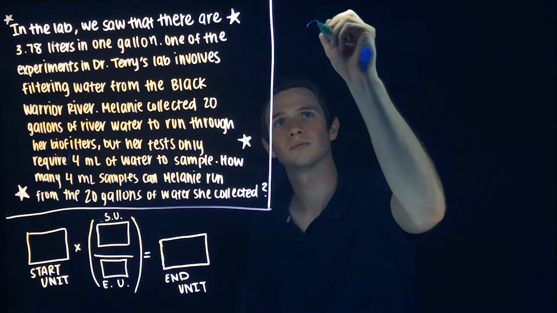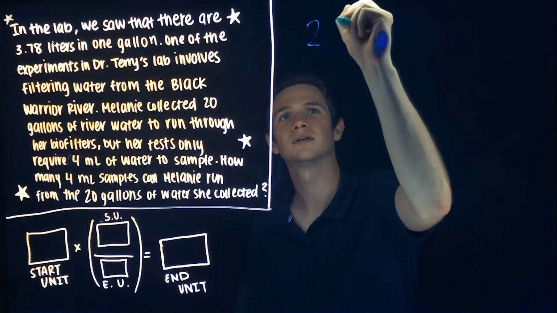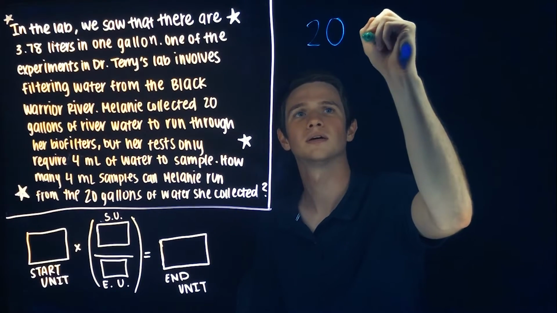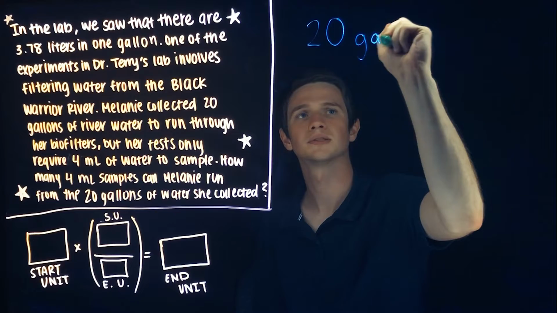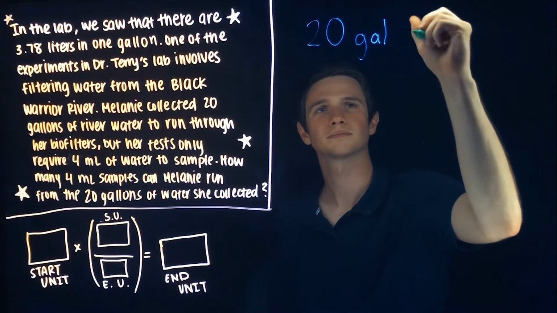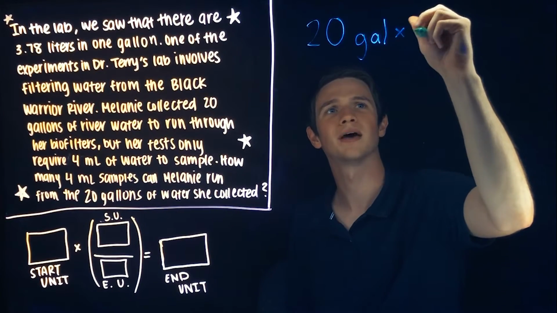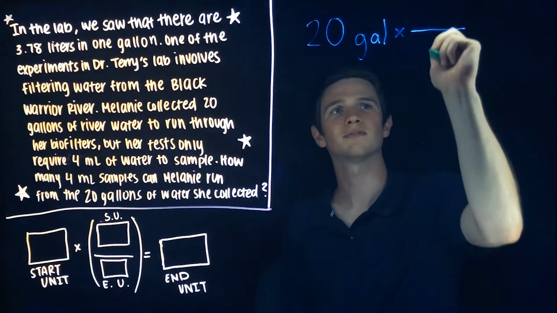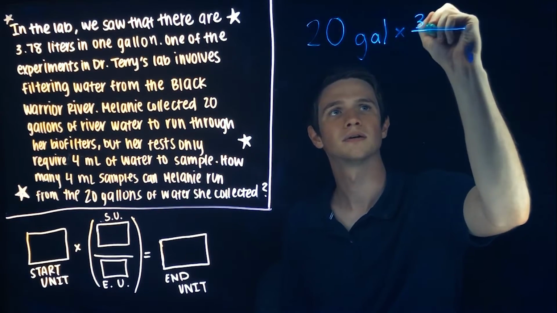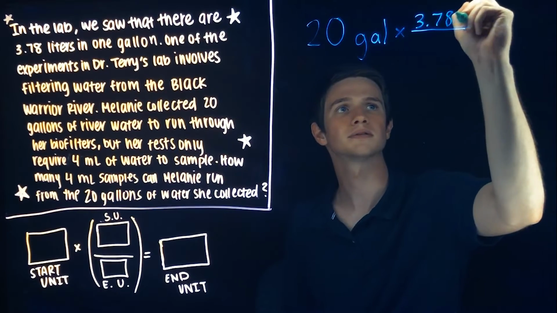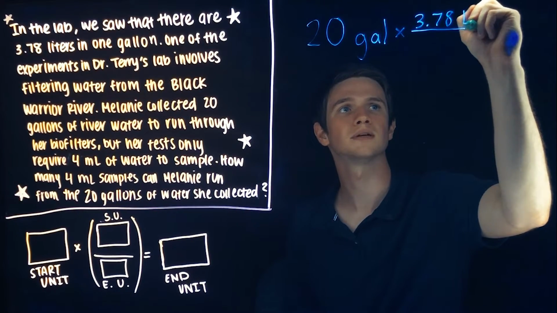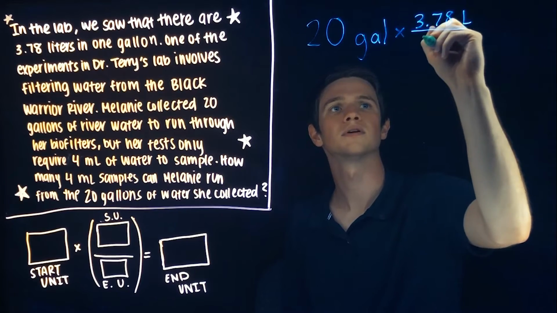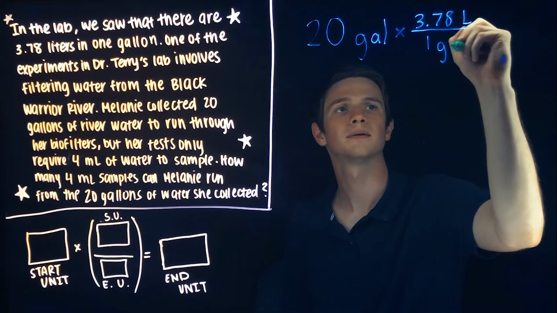Let's start with our start unit, 20 gallons. And we're going to multiply that by our conversion factor. That's 3.78 liters, because liters is our end unit, over 1 gallon.